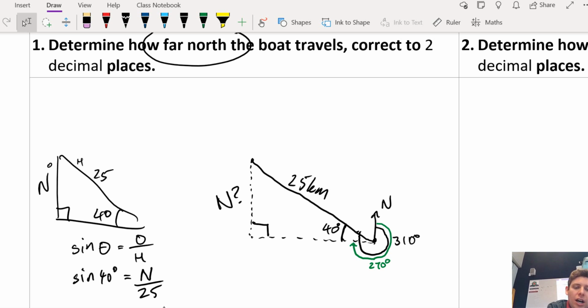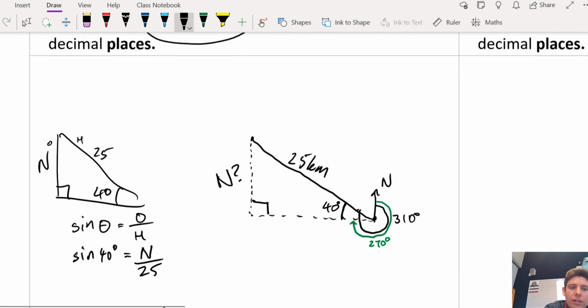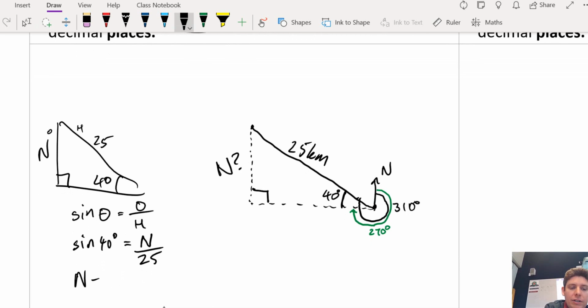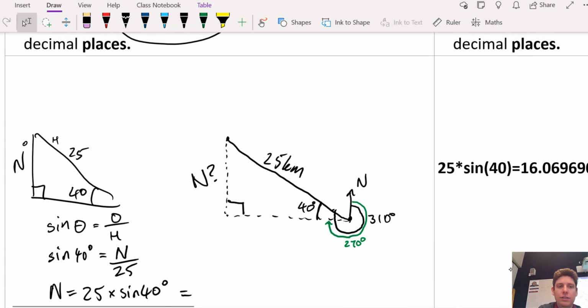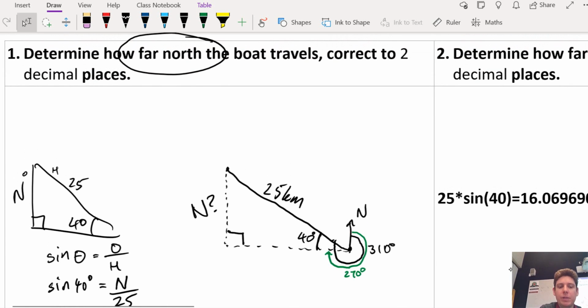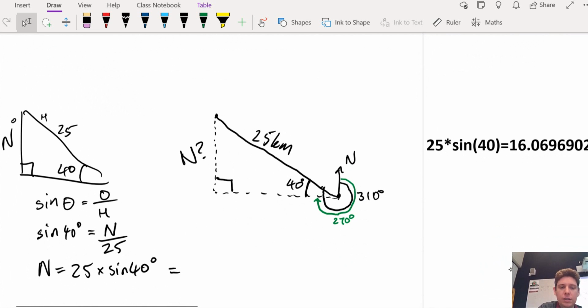We've got to times both sides by 25, so you end up with n equals 25 times sine 40. Let's do, it says 2 decimal places. Very good. And it's kilometers.